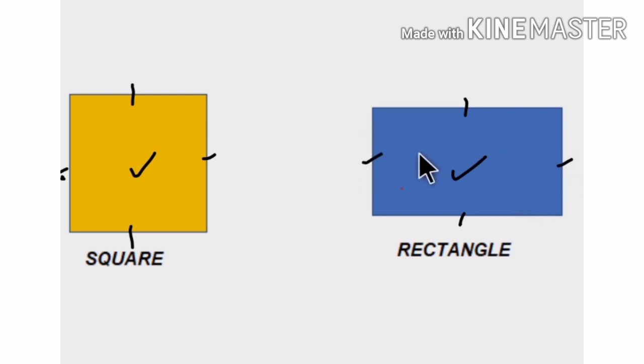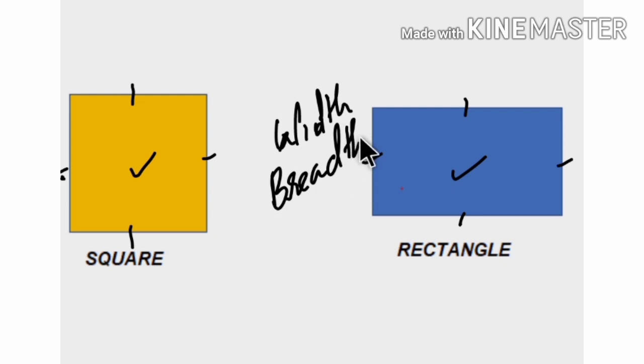These two sides are called width or breadth of rectangle.